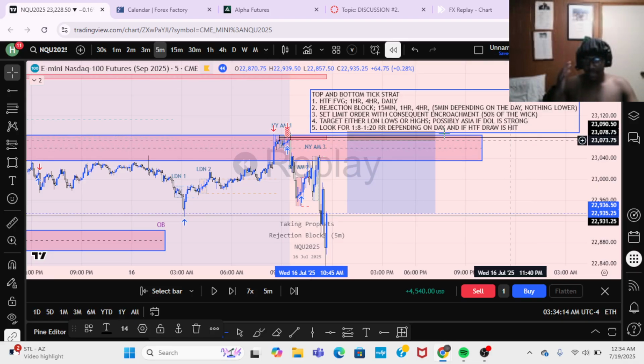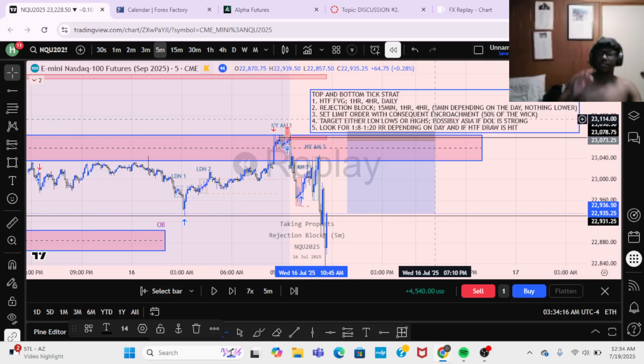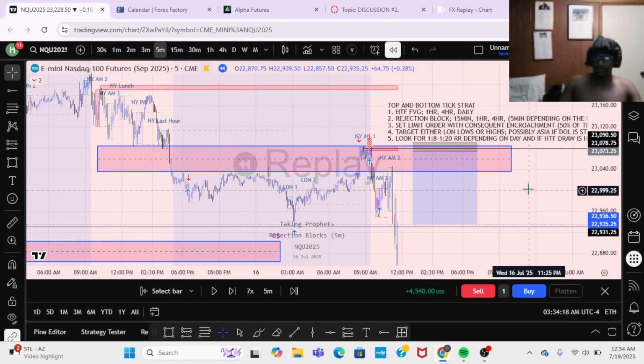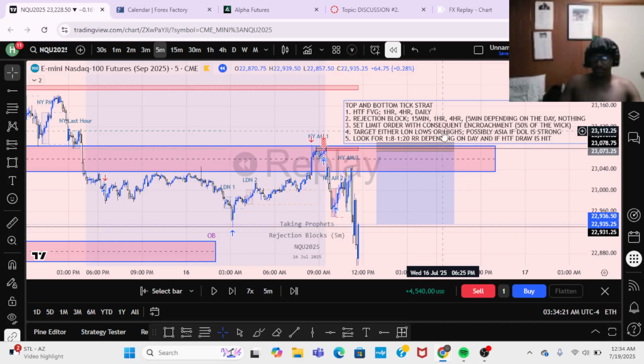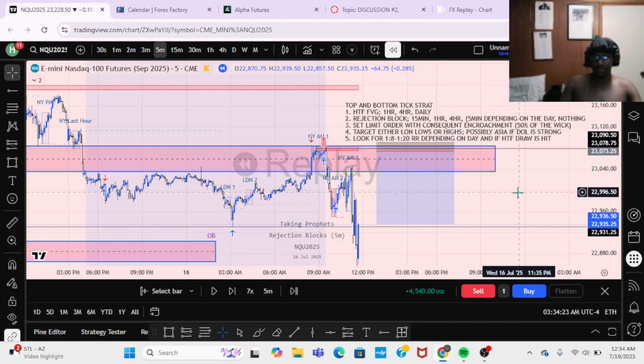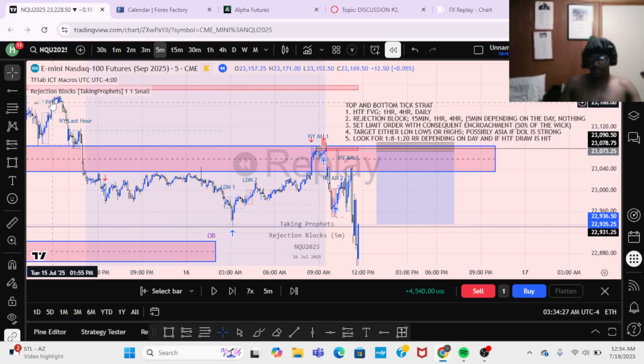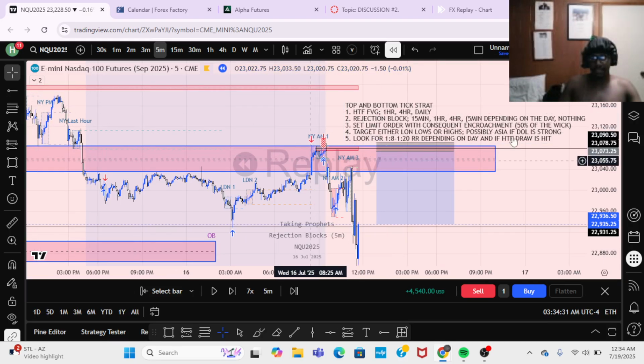With this, you just gotta really be on your shit. You gotta be paying attention to the market, and it should be fun. If you want to try it, just throw on this indicator, rejection block, and it should be perfect. It should be simple, just like that.